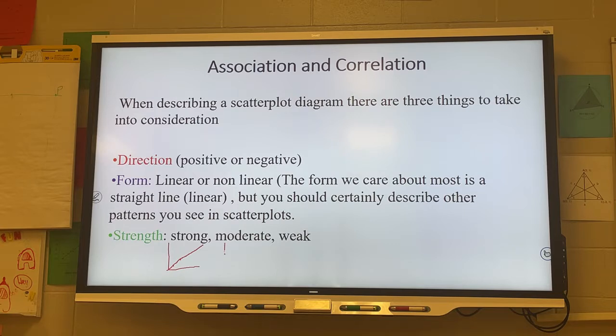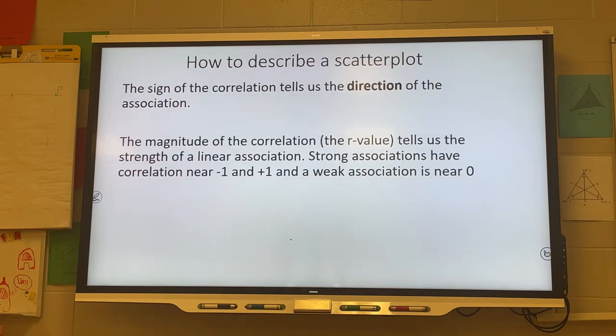If it's moderate, you can see that the line of best fit is drawn and the dots are close to the line, but not directly on the line. For weak, the dots are very far from the line.